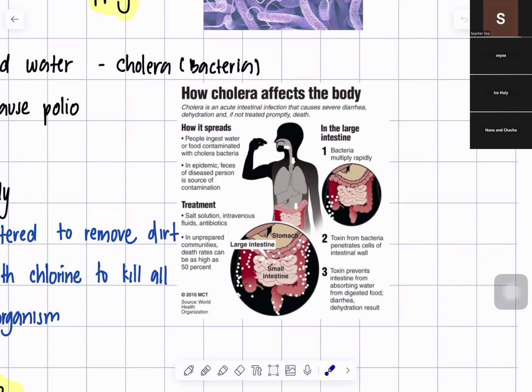The toxin will penetrate the intestinal wall. When it penetrates, it will prevent the intestine from absorbing water. So automatically, you get diarrhea and dehydration.